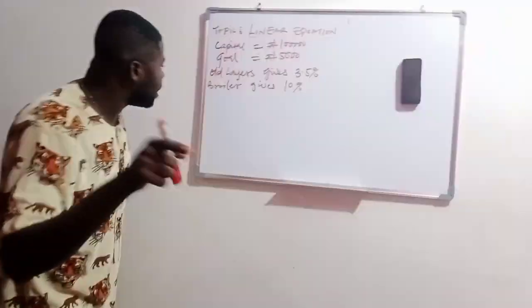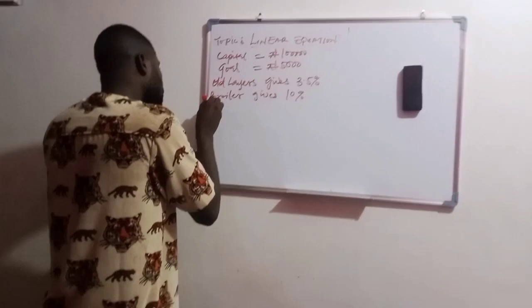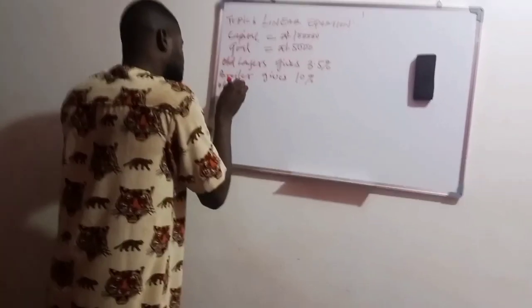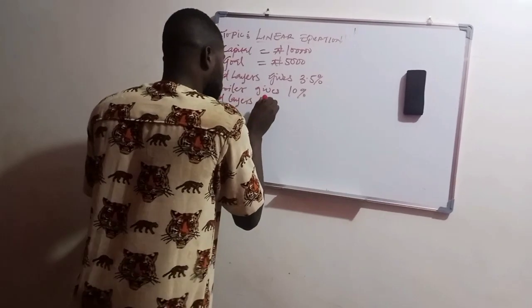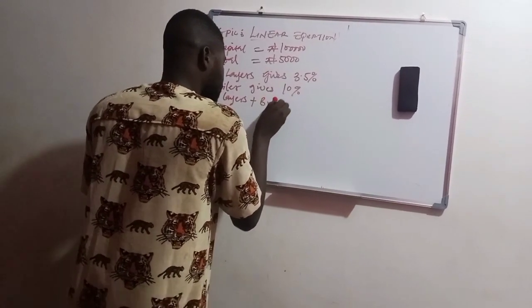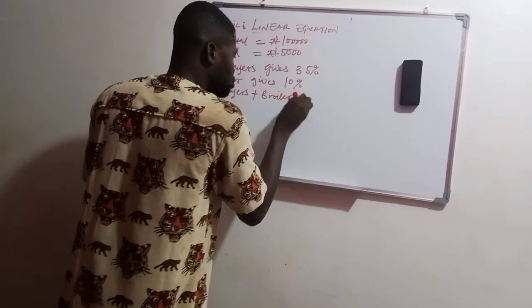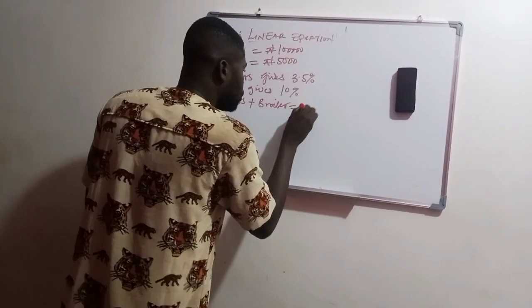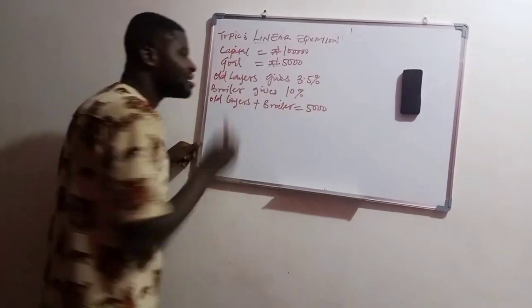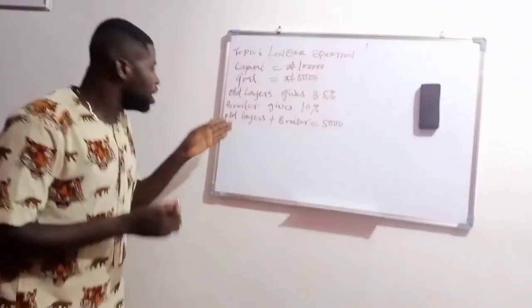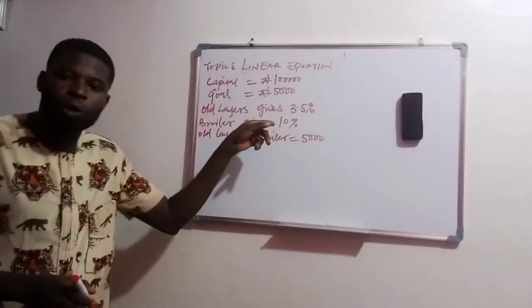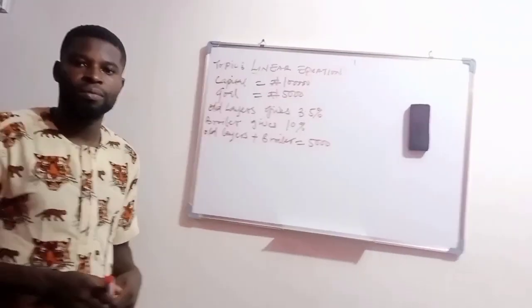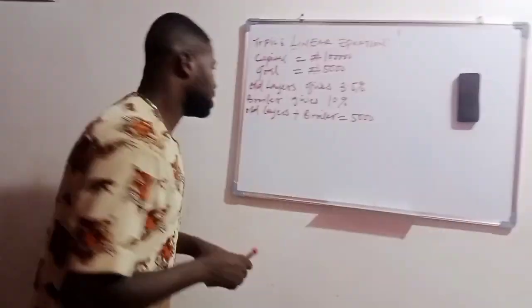How we go about it now is we say old layers plus broilers should be equal to 5,000. So if old layers plus broilers is equal to 5,000 naira, now we work on the percentages. Let's work on it together.